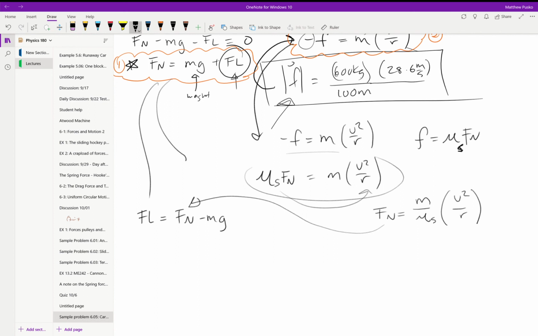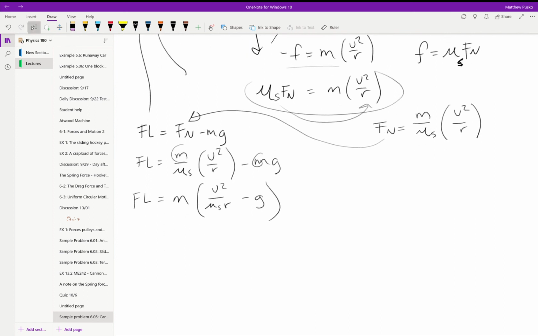Substituting that in for the normal force, I get the force of lift is equal to the mass divided by mu times v squared over r minus mg. Now we have a common factor of m, so we can factor it out and say v squared over mu s times the radius minus g.